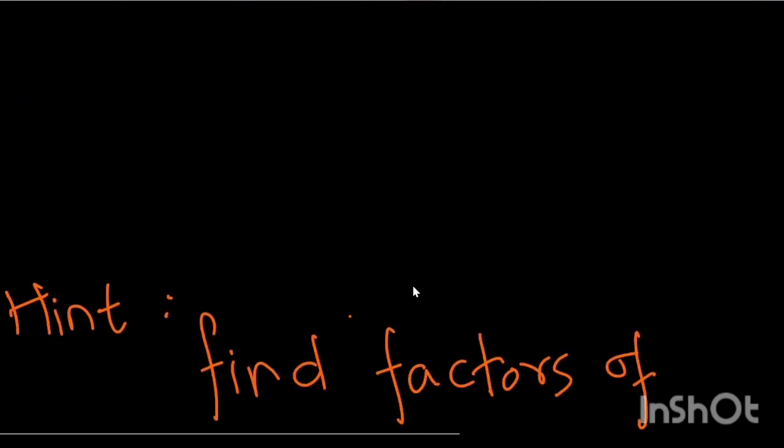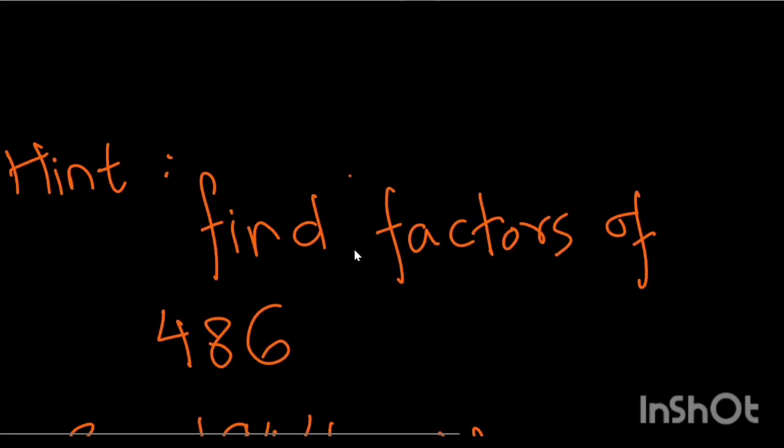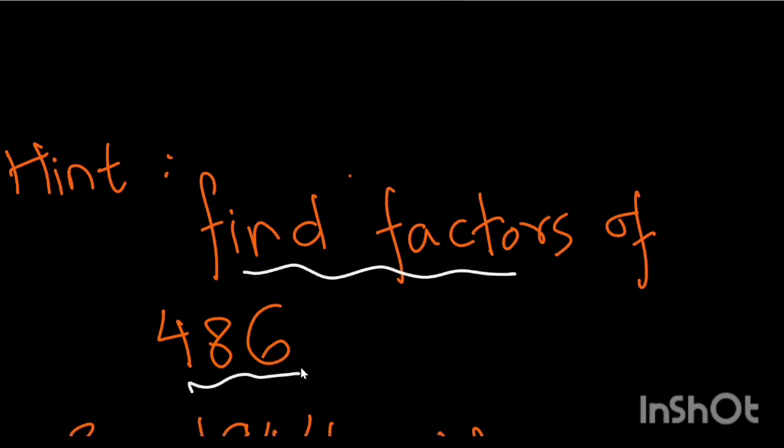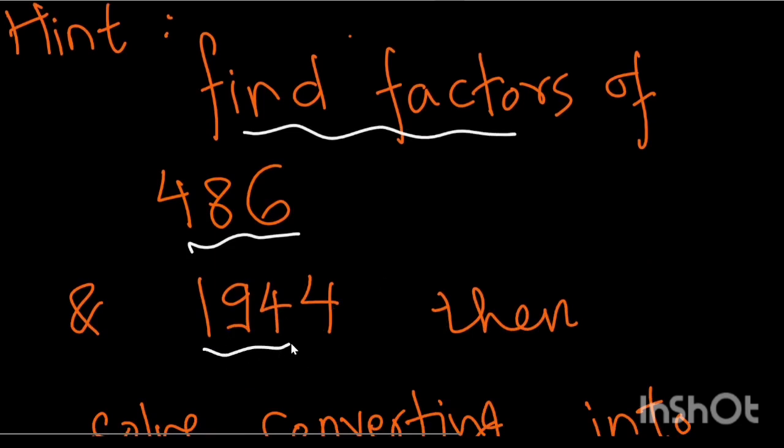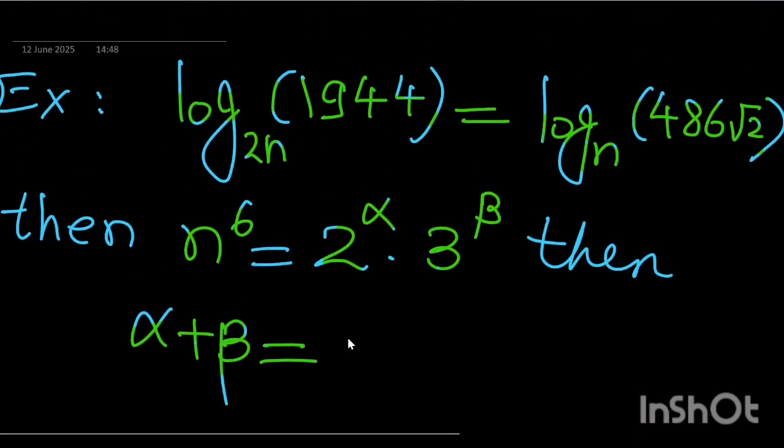So what should be the hint? As you can see in the question, some big numbers are involved, so we need to find the factors of 486 and 1944. Okay, then what next? As you can see here, the base is 2n and here the base is n.